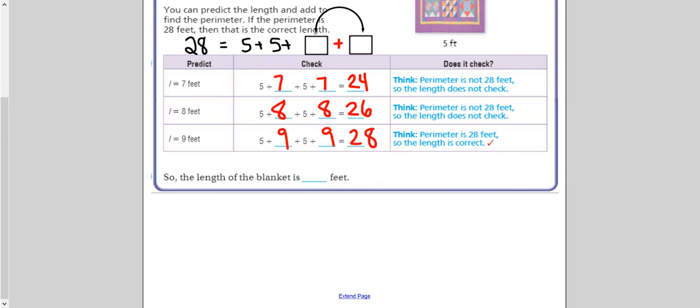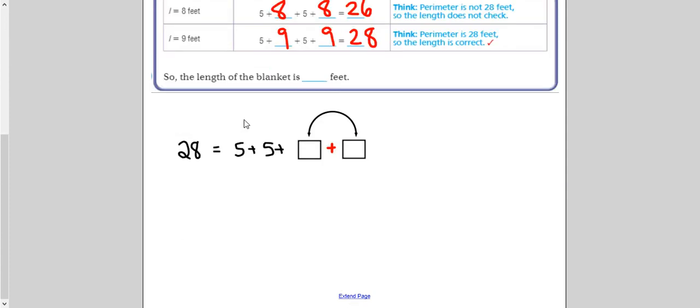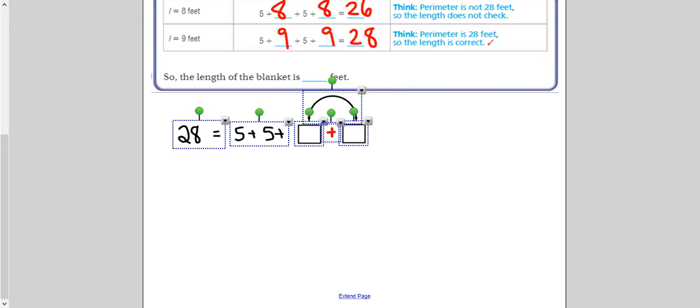That's great, but why does it work out? Stick with me here because I want to make sure that you understand why this is so important. Let's take this down here where we have some room to work. When we add up what we have right here, our perimeter is 28.